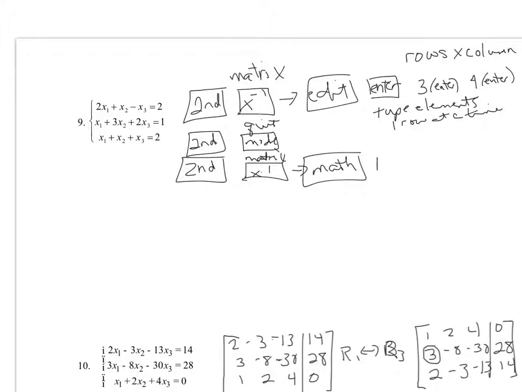And then you're going to arrow down until you find RREF. If you remember, when we first started this lesson, I wrote RREF on something that was in reduced row echelon form. And part of the reason I did that is because that's what you're going to need to look for in the calculator if you want to check your answer in the calculator. Once you find that, hit enter.